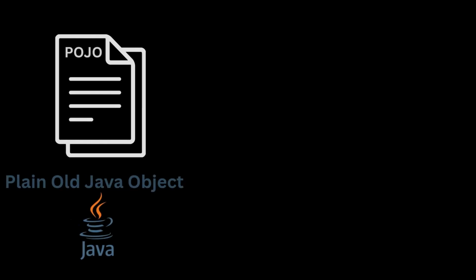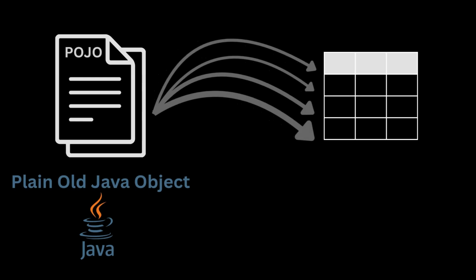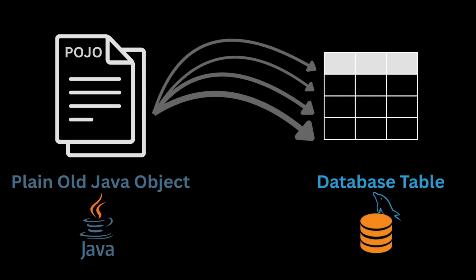An entity is a simple Java class, often called a POJO, plain old Java object, that is mapped to a table in a database. It's the fundamental building block of a Hibernate application, representing the bridge between your application's object model and the database's relational model. To be considered an entity, the class must meet a few criteria, which are typically defined using JPA annotations.